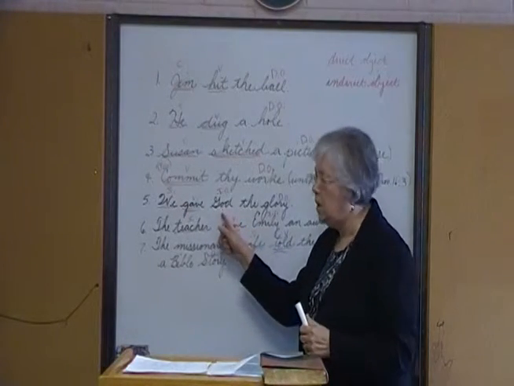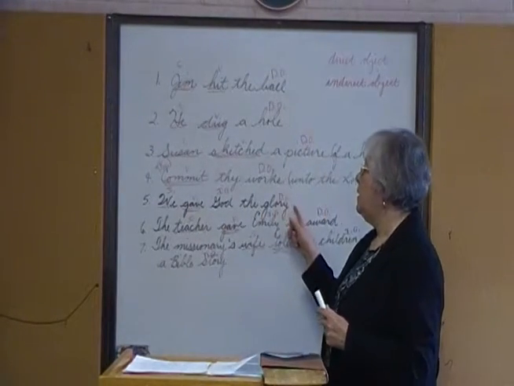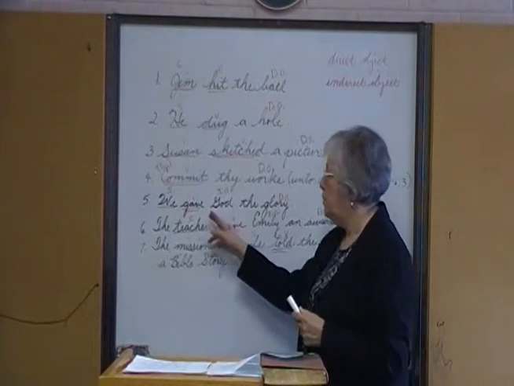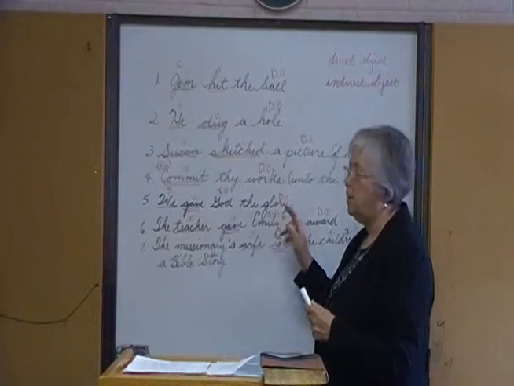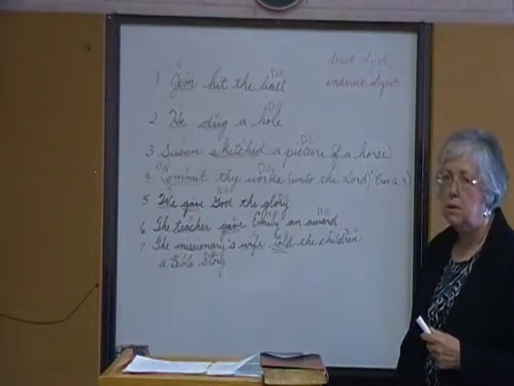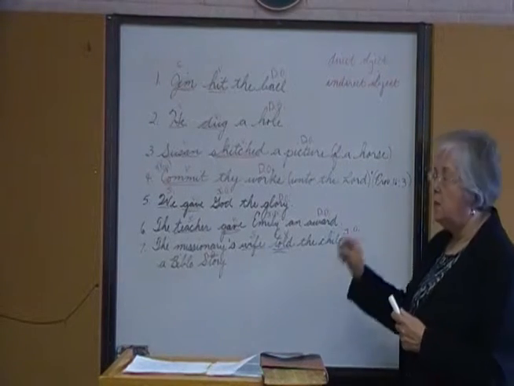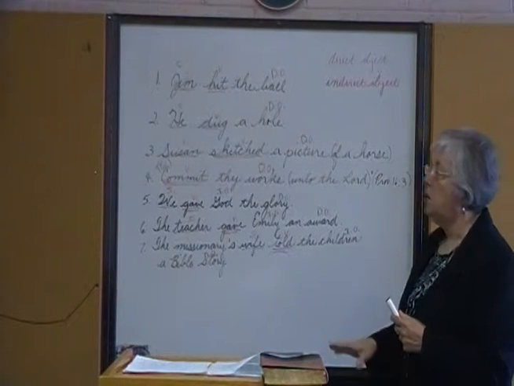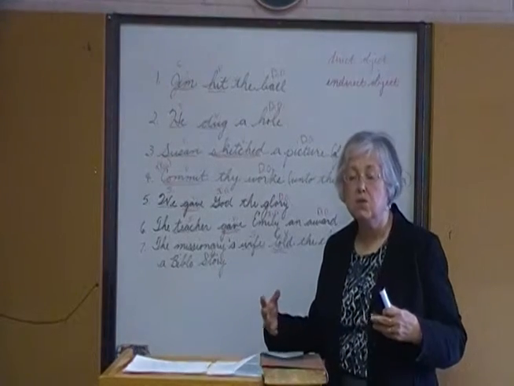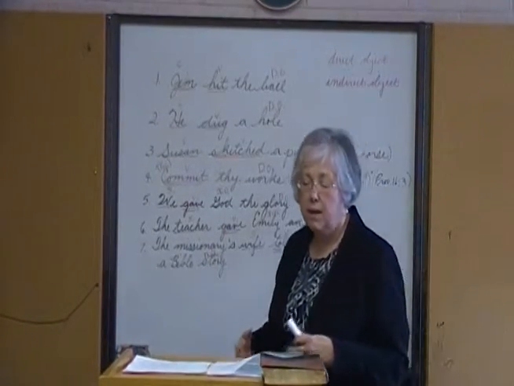It will always follow the verb and come between the direct object and the verb. That will be the order. Verb, indirect object, direct object. Verb, indirect object, direct object. So objects, the direct object, the indirect object, follow action verbs. They are completers. They complete the meaning started by the subject and its verb.